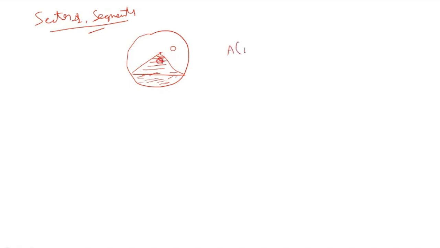The area of the sector is pi r square, r is of course the radius, into theta by 360. Why? Because the full circle, if it was 360 degrees, you would have the area pi r square. That is the entire circle area. So if 360 gives pi r square, then theta would give pi r square theta by 360. A unitary method, that's it, nothing else.